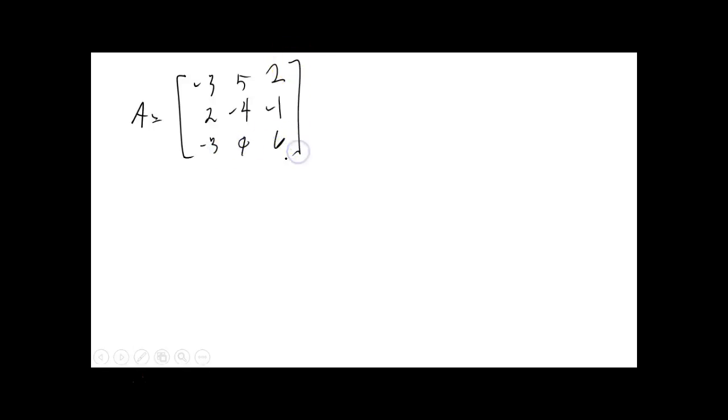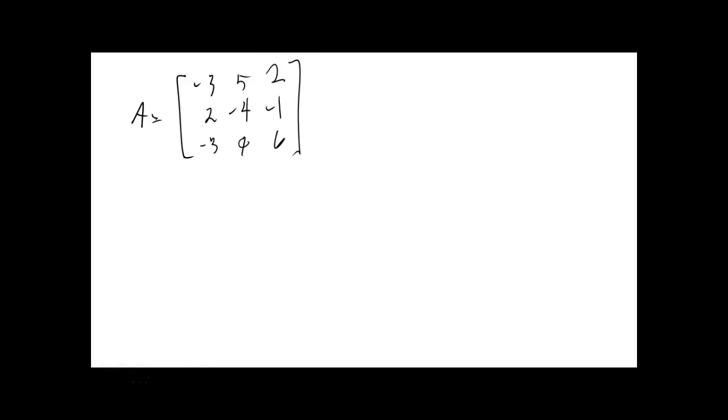Here's matrix A. They love the name A. Okay, -3, 5, 2. 2, -4, -1. And -3, 0, 6. Okay?